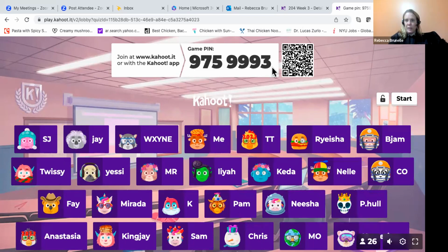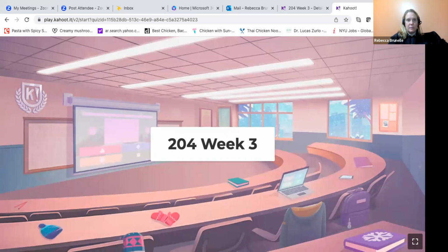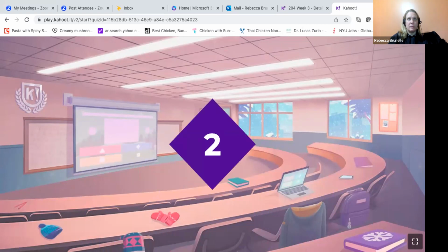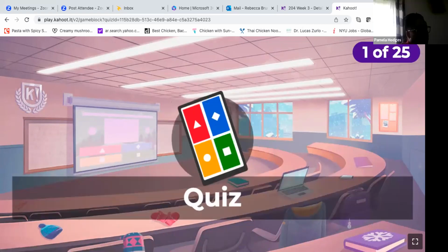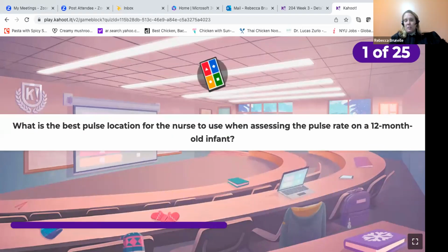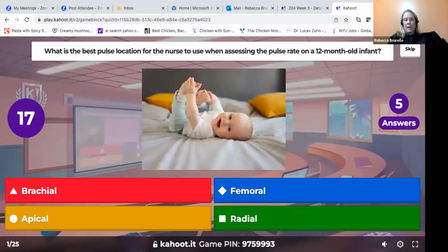Okay, I'm going to go ahead and hit start. Is some of this going to be for the quiz? Yes. What is the best location for the nurse to use when assessing the pulse of a 12-month-old infant? The brachial, apical, femoral, or radial?